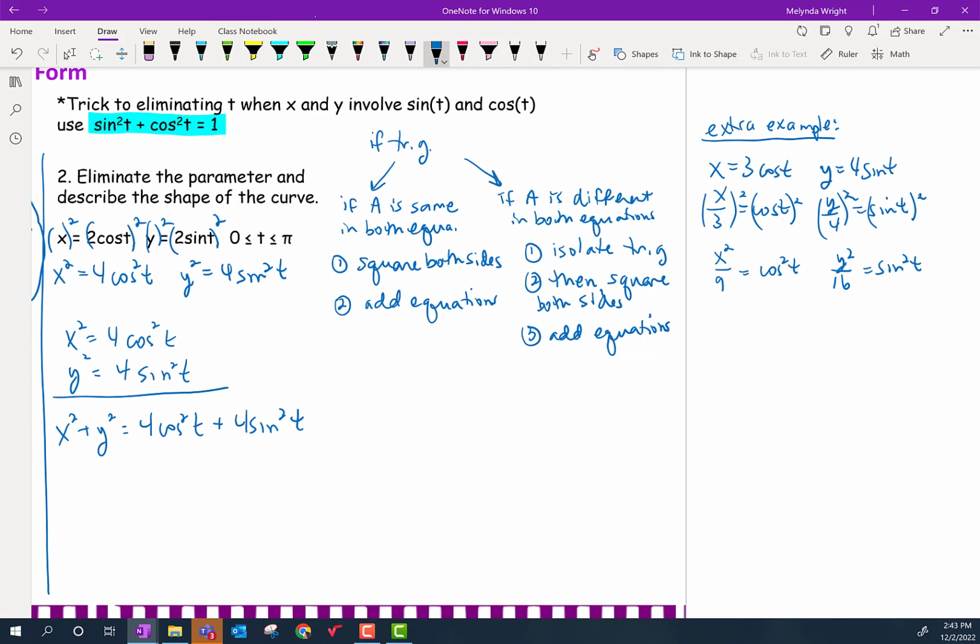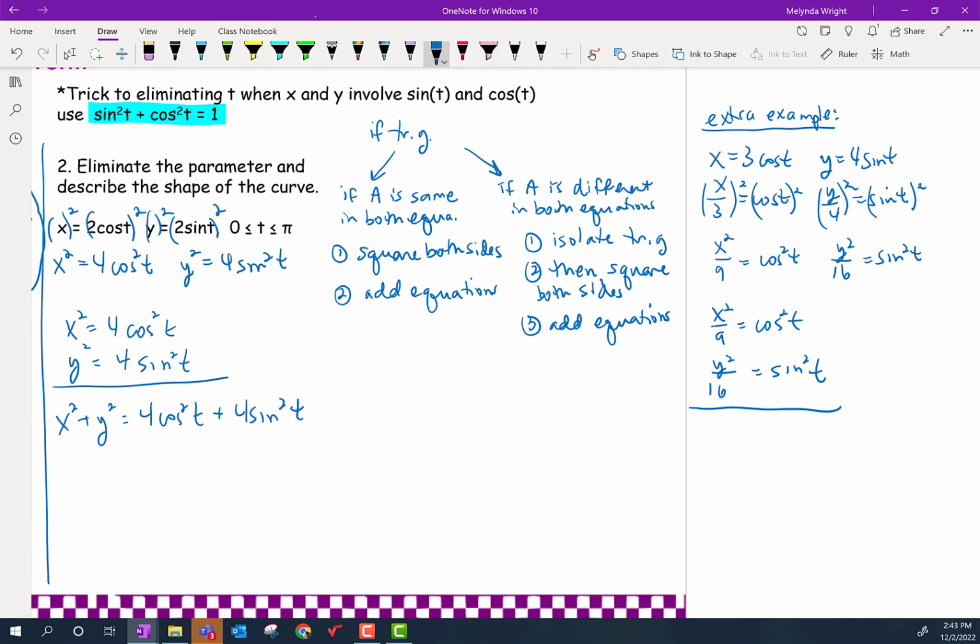Okay, I'm going to do the same thing over here. I've got x squared over 9 equals cosine squared, and you don't have to rewrite it so that they're lined up like this. I'm just doing it to make sure we have a clear picture of what's going on. I'm going to add.